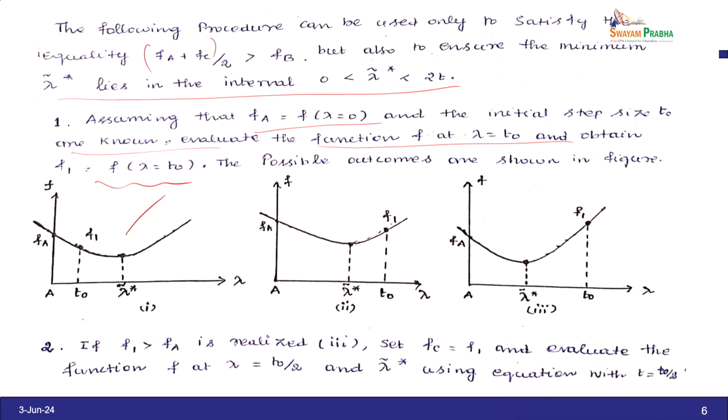That is, f1 lies between f of A and the corresponding lambda star, and lambda star is in between A and t naught, with the corresponding values f of A and f1. So, this is the meaning of the possibilities of the outcomes.